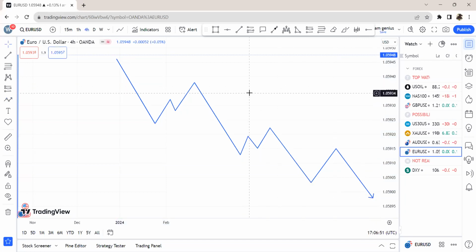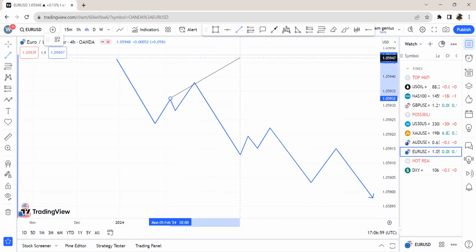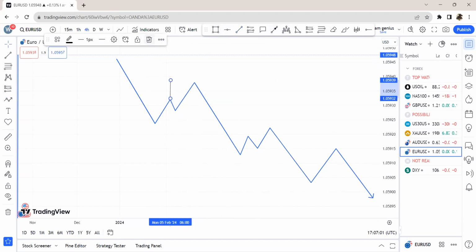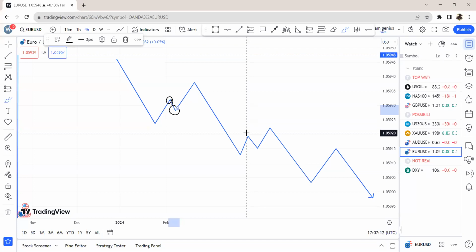So what I meant was, when drawing your trend line, you're seeing these minor levels in between these ones. You're not going to consider any of these smaller ones.